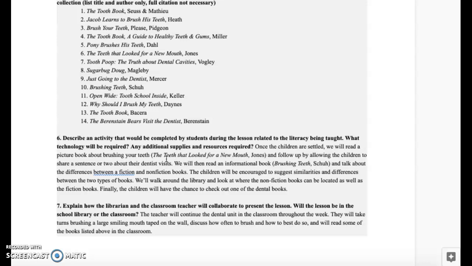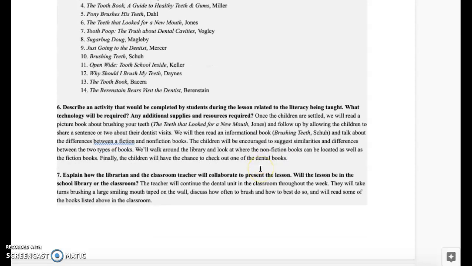I try to keep it brief for each child so they can all have a chance to share if they want to do so. Then we'll read an informational book. Again, I was looking at the Brushing Teeth book, and we'll talk about the difference between a fiction book and a nonfiction book. And so we'll compare and contrast. This book was silly, and this book shows real pictures. This book is illustrated. This book tells what really happens. This is a story.